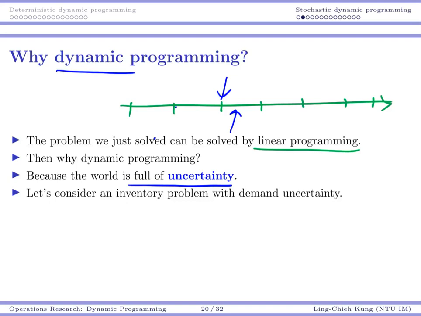That's dynamic programming. So later we will revisit our inventory problem, but we will consider demand uncertainty. And we're going to see how dynamic programming may help us to deal with demand uncertainty. And if we understand this example, any kinds of uncertainties may be added into your mathematical program.